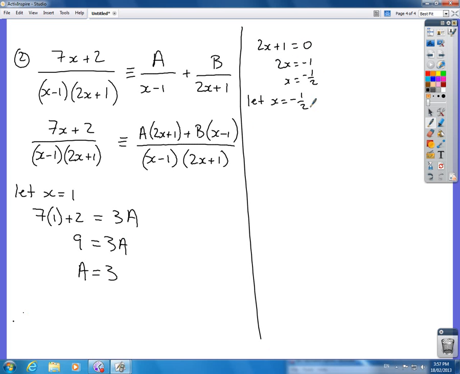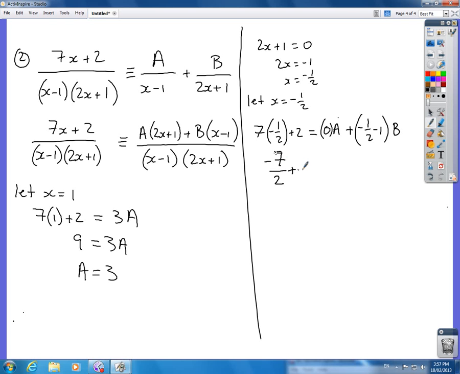The numerators: 7 times minus a half plus 2 equals 0A plus minus a half take 1 times B. That gives me minus 7 on 2 plus 2.